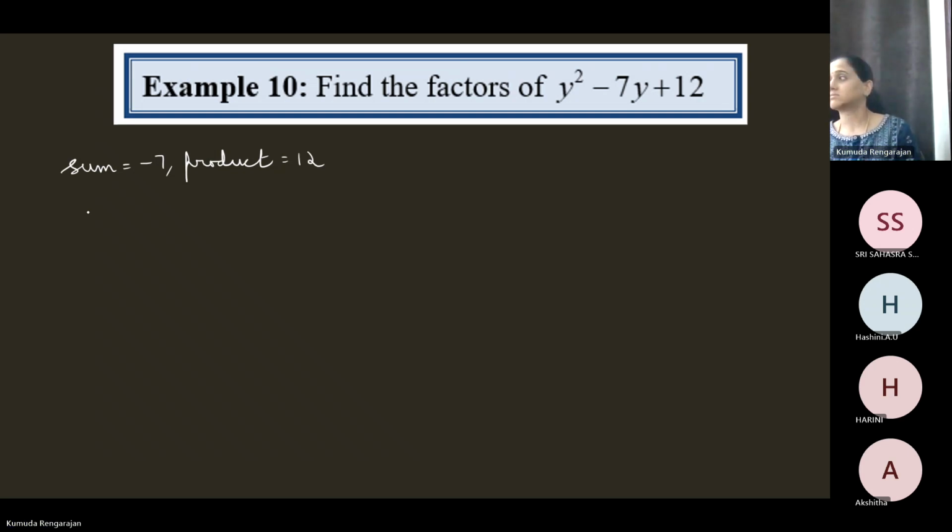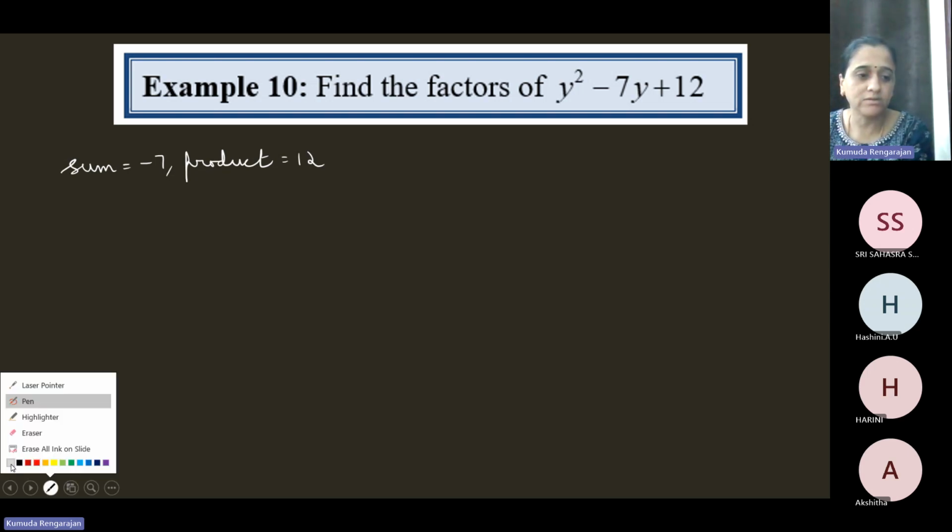Correct. Y minus 3 into y minus 4. Correct.